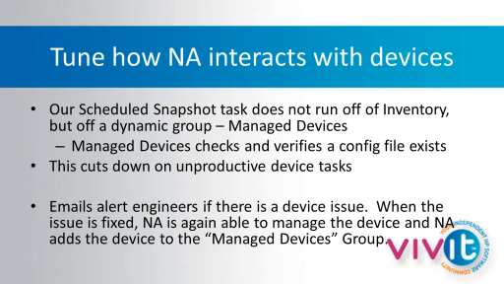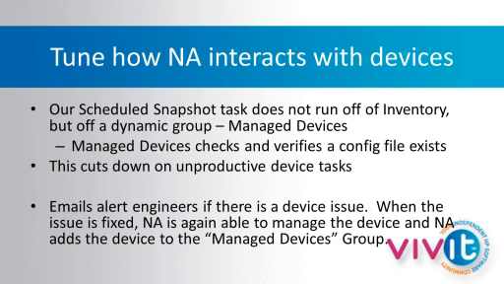We don't run scheduled snapshots on the inventory group. Instead, I created a dynamic group, and that group looks for basically a config, to see if a config exists. If it does, that lets network automation know that this device was reachable and that network automation was able to log in at one point in time. So that device should work fine. If it's not in this managed device group, somebody's going to be notified of it.